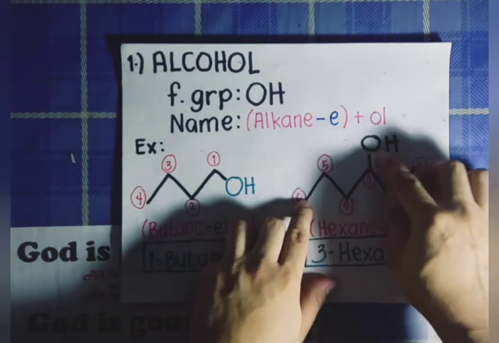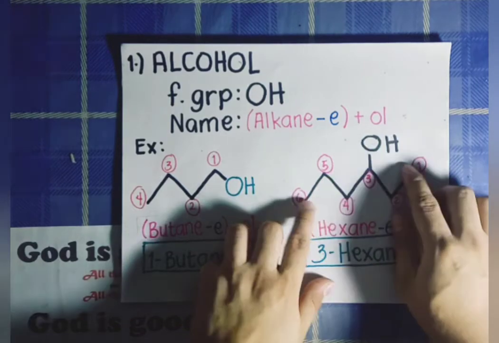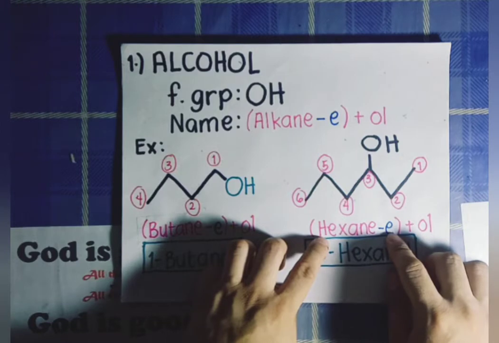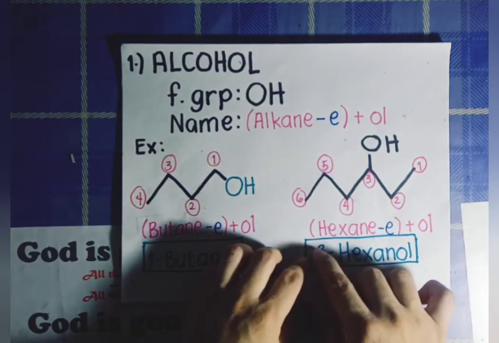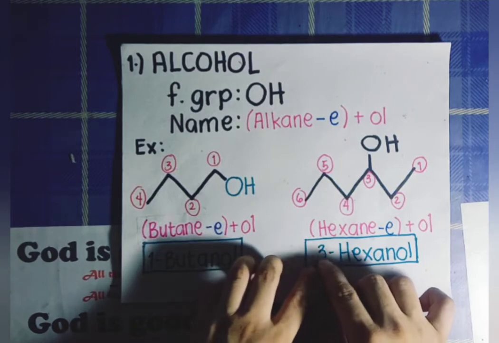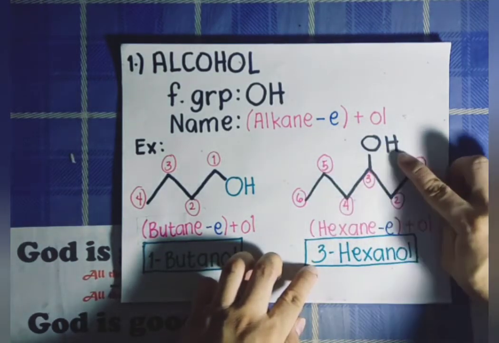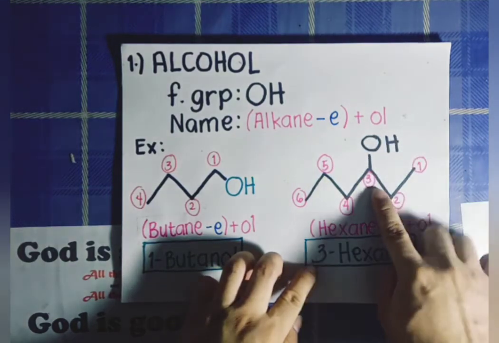Because this OH is nearest to this side than this side. And therefore, the name of this compound is hexane minus E plus ol. So that's 3-hexanol. 3 here corresponds to the carbon number where your OH or alcohol group is attached. In this case, the OH or the alcohol group is attached to carbon number 3.